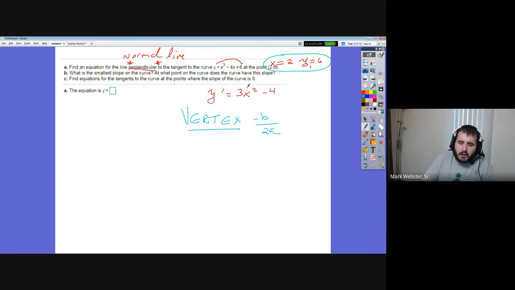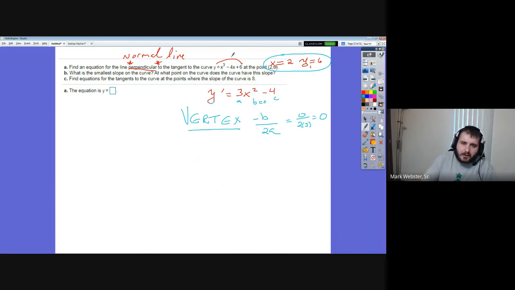Well, now if we look here, here's our a, this is our c, b is 0. So we're going to be like, okay, well, 0/(2 times 3), that's still 0. So my x value, where it's the smallest, is 0.